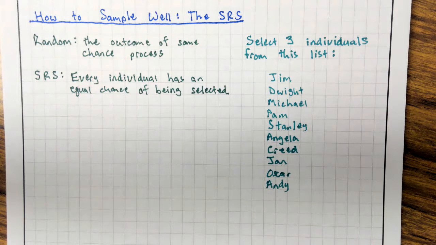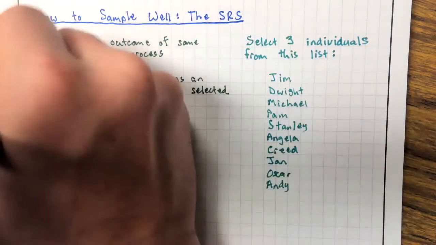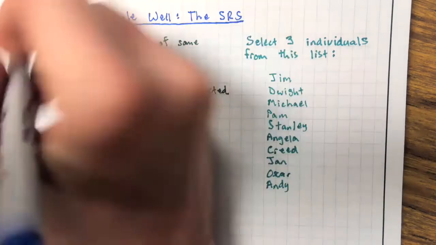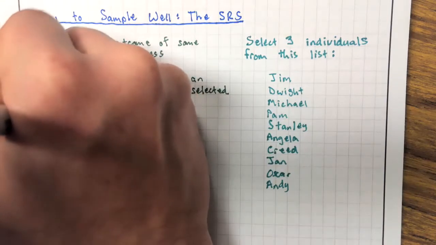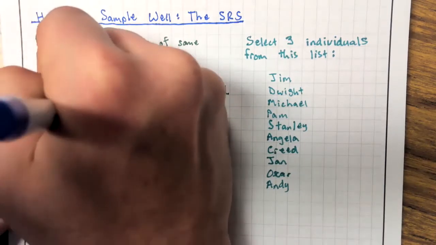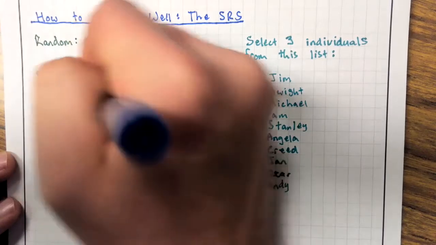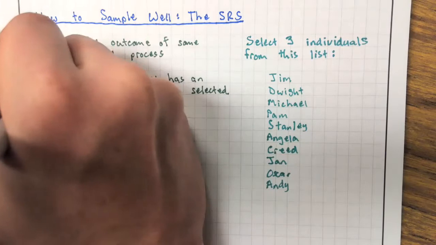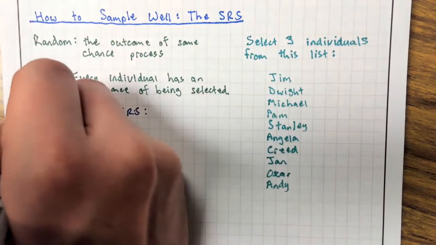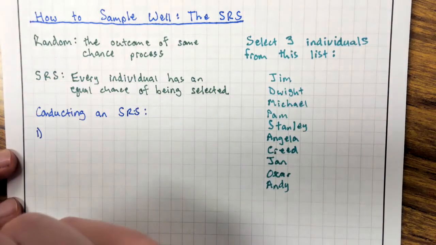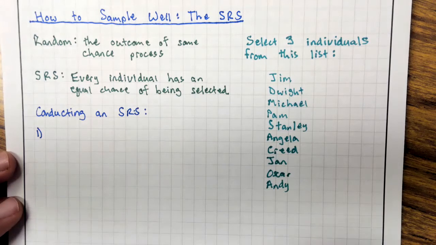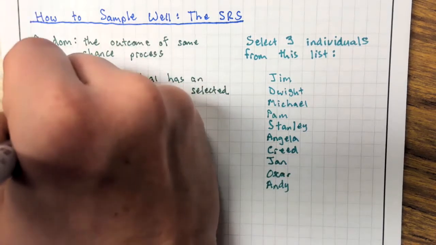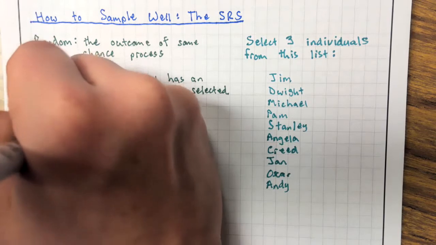There are 3 different methods that we're going to learn about in this course, 3 different ways to conduct a simple random sample. So the first way we're going to talk about is, I don't know what to call it, names in a hat.